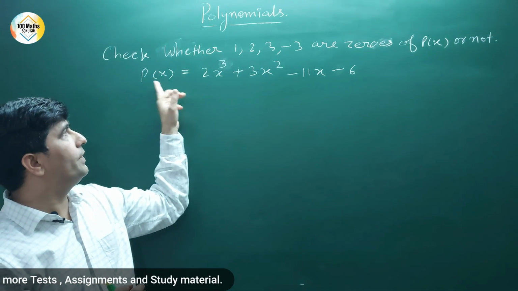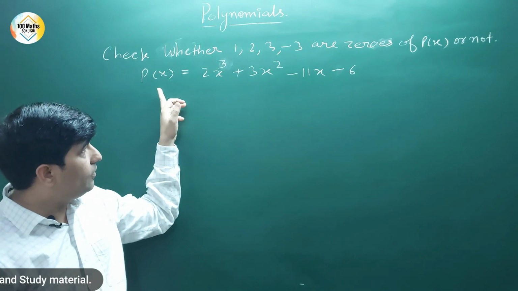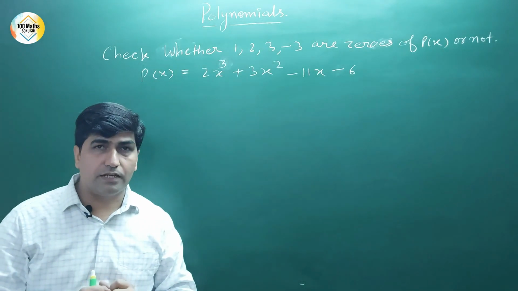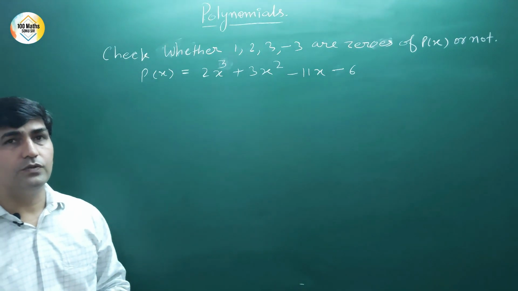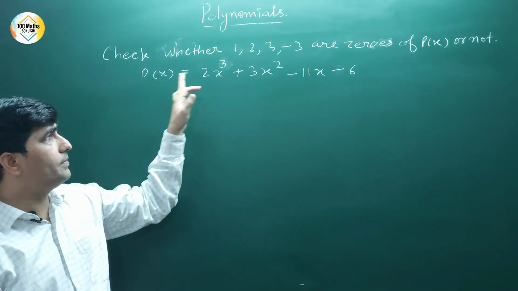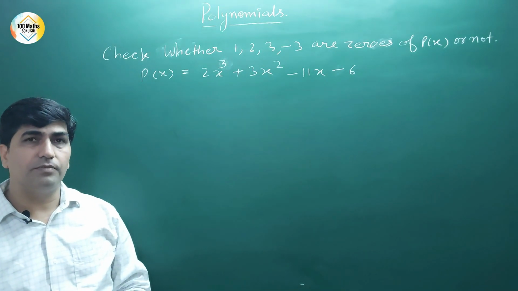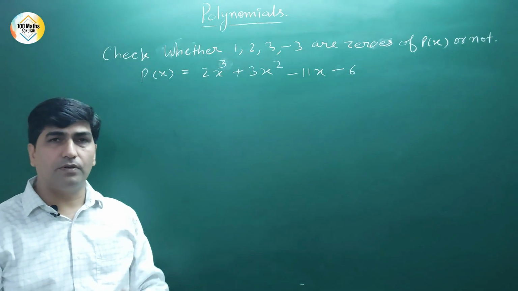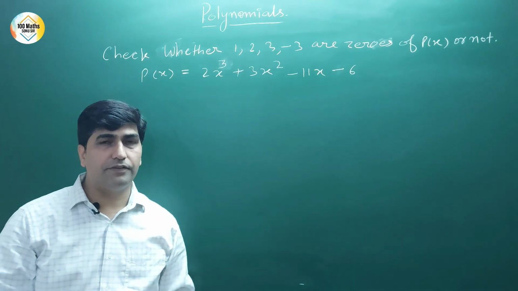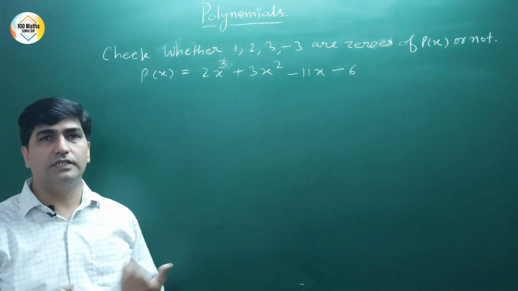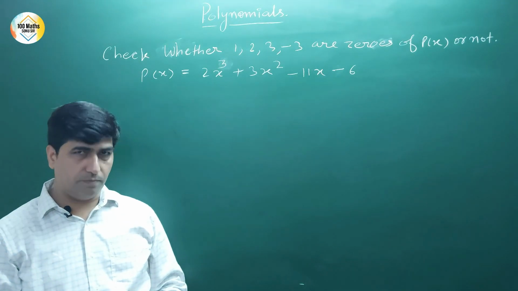Then we will find p2, p of 3, and p of minus 3, and check whether these are coming 0. If the value of p(x) becomes 0 at these points, then it is a zero of the polynomial. Otherwise, it is not. That was the definition: the value of the variable which gives the polynomial value 0 is called a zero of the polynomial.